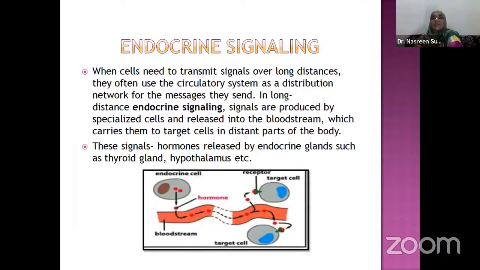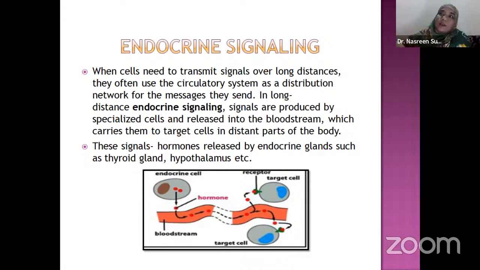Next is endocrine signaling. In paracrine, I am speaking to the next person, so that person is able to hear. But in endocrine signaling, I want to speak to some other person who is sitting very far behind me. So I will write a message and drop it in the drop box, which is moving from here to there.